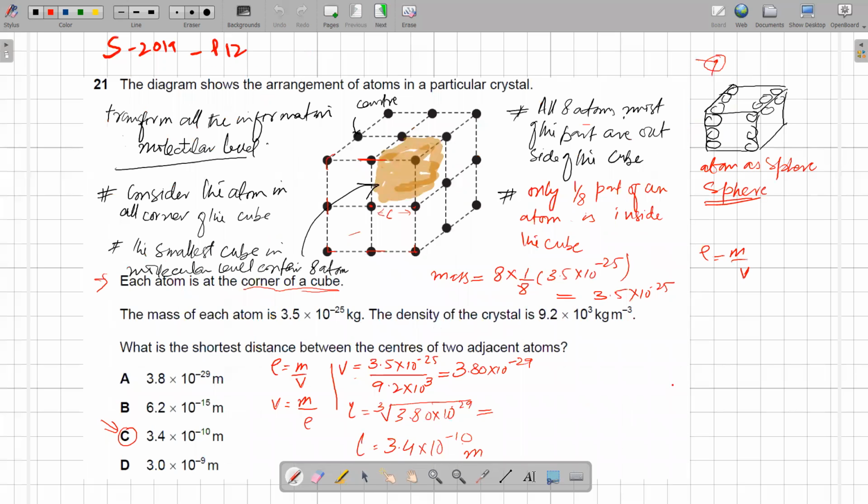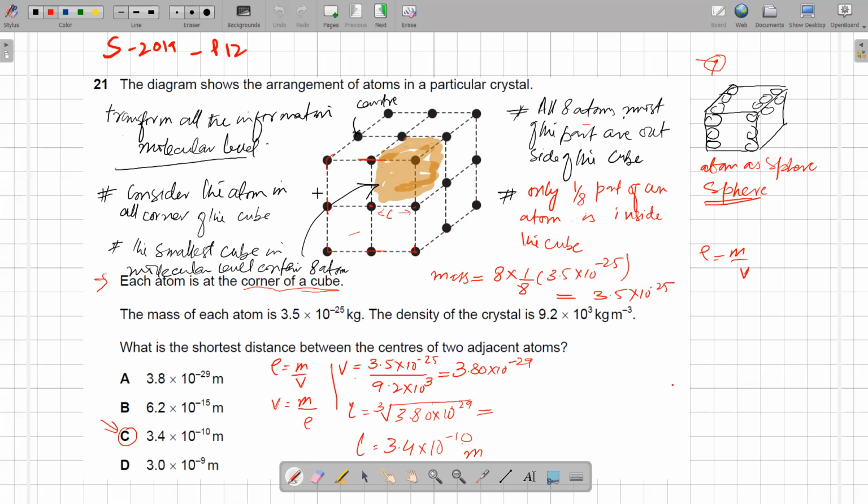We already understood what the question says. We need to transform all the information to the atomic level, because the crystal is at the molecular level and the atom is at the microscopic level, right?